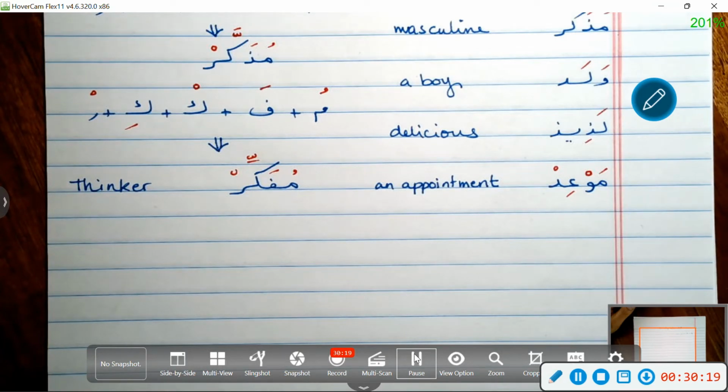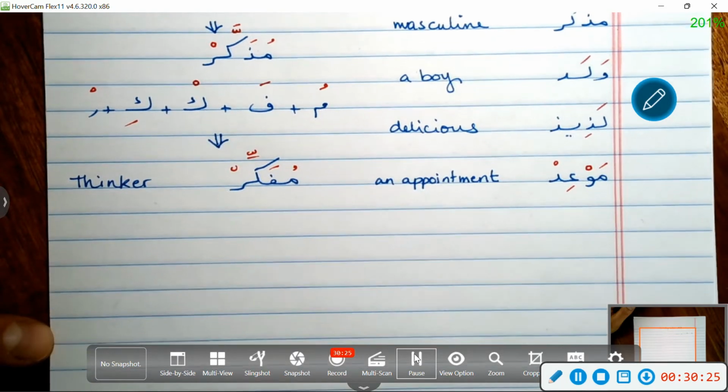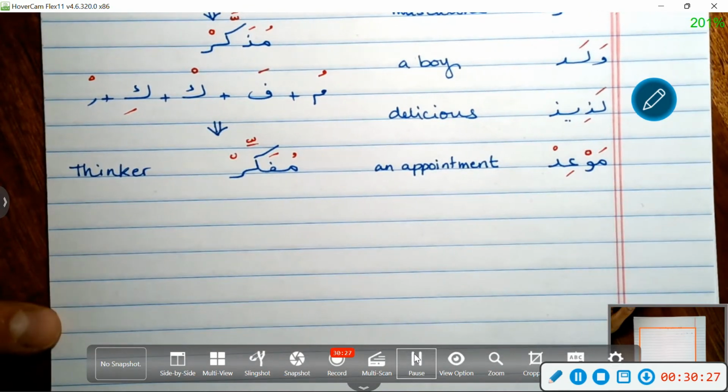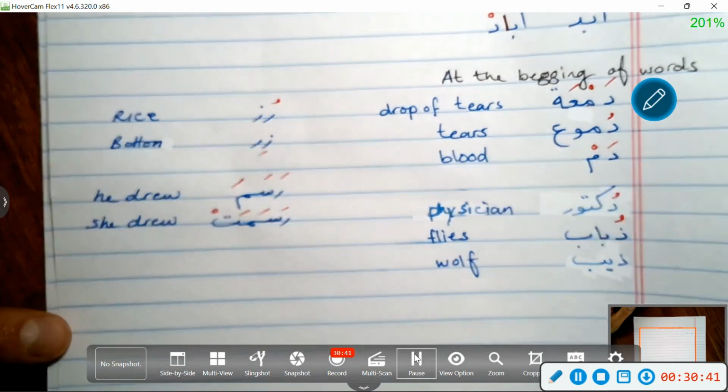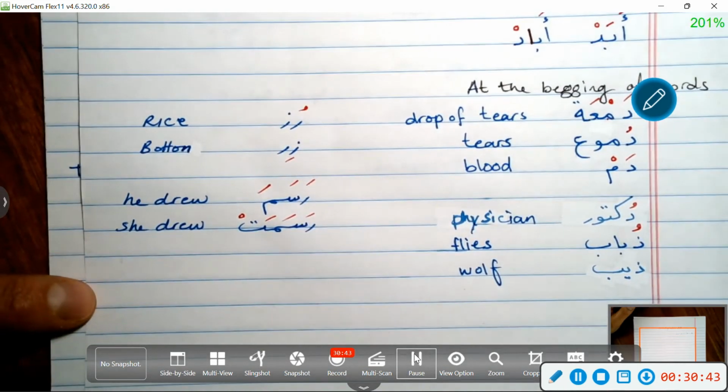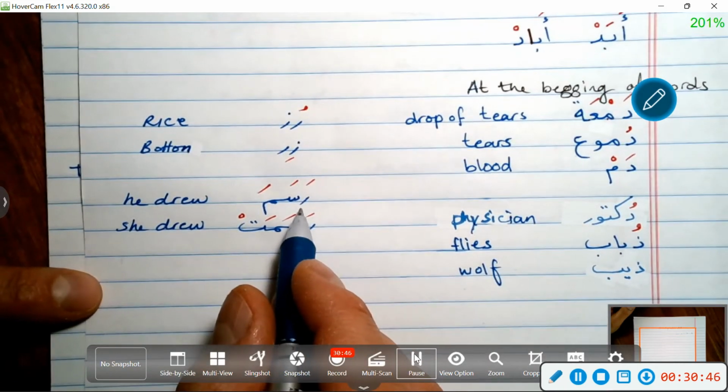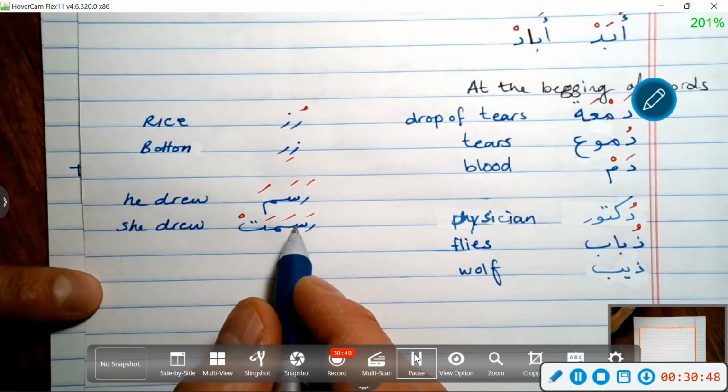Okay, let's continue now with Ra and Zai. I need to go back to the previous page because I forgot to add two words here after Rasama and Rasamat. I forgot to add one word, Zahra. It means a flower.